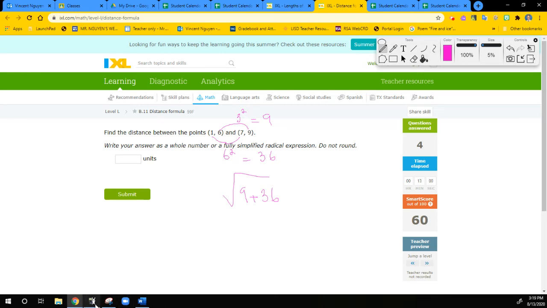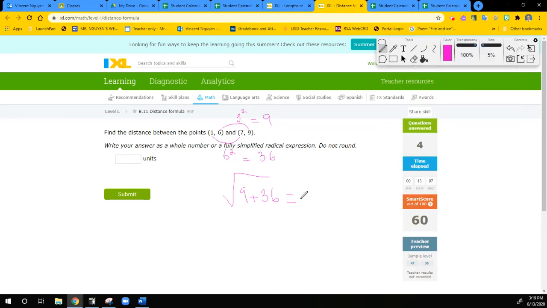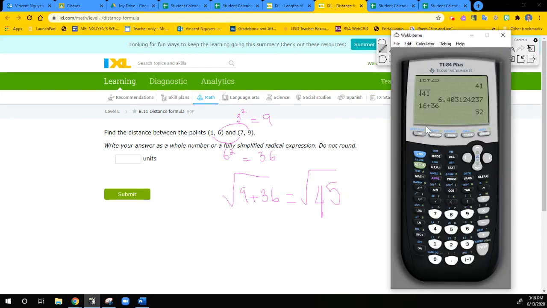Okay? So now I'm going to go to my calculator. I don't need a calculator for this. It's the square root of 45. Okay, now to simplify this, you might need a calculator. You go to y equals, you type in 45 divided by x squared. I don't have to do that again because I already typed it.